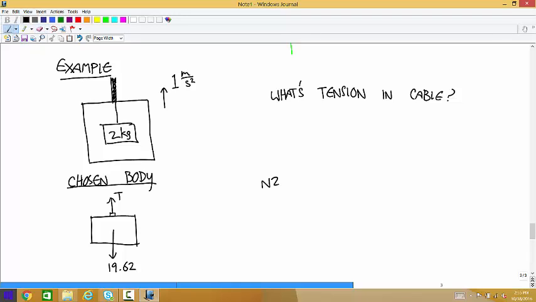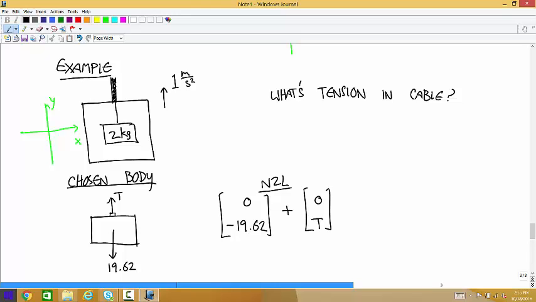And then Newton's second law says the weight force, 0, negative 19.62, plus the cable force, 0, T, is equal to the mass of the box times the acceleration vector of the box.